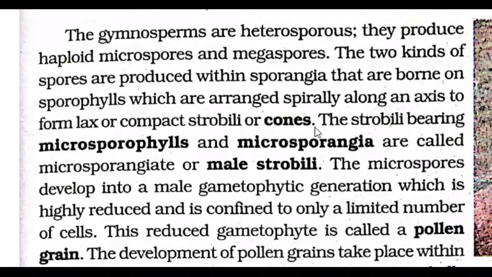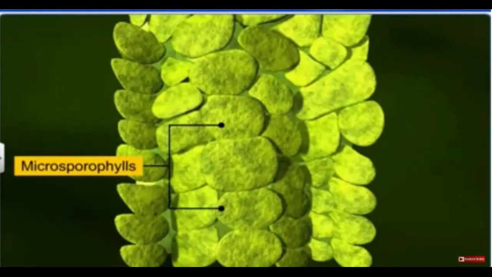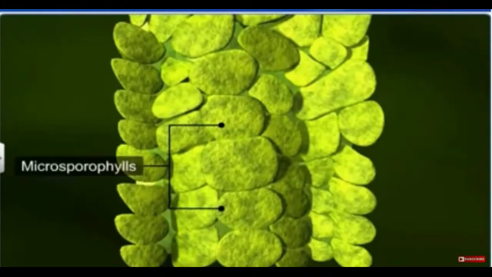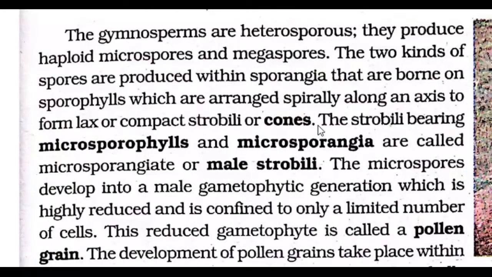Within the sporangia, sporangium singular, sporangia plural. And the sporangia are borne on the sporophylls, which means sporangia-bearing leaves are the sporophylls. And the sporophylls are arranged spirally along an axis to form a loose or compact structure known as strobili or cones.